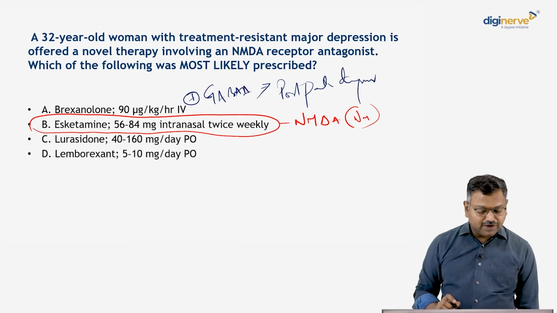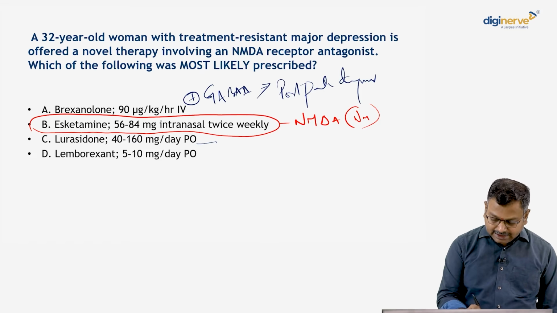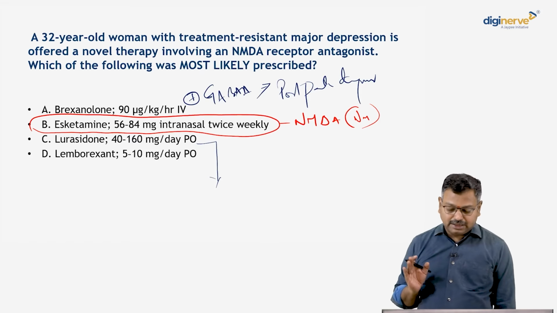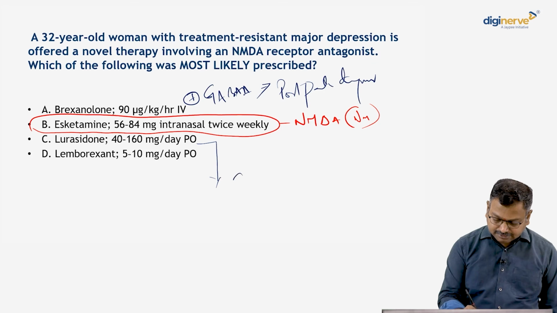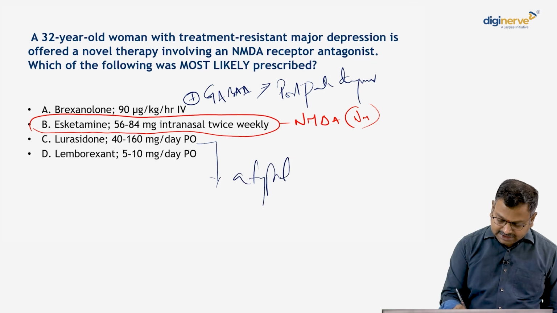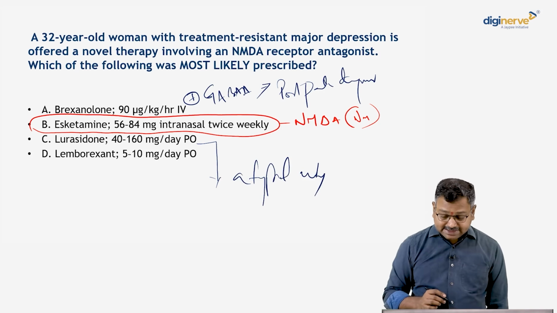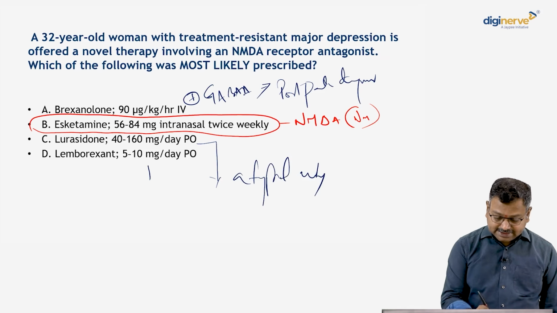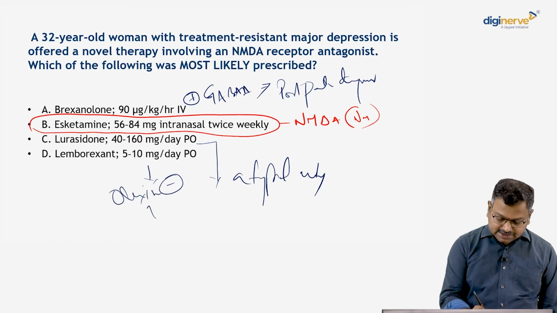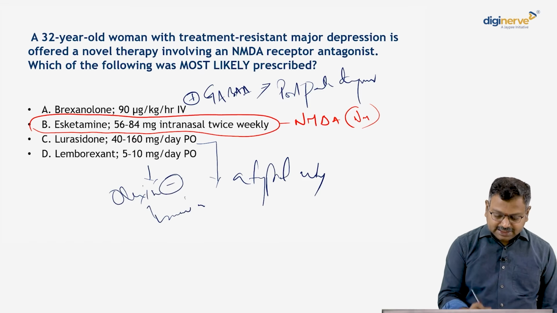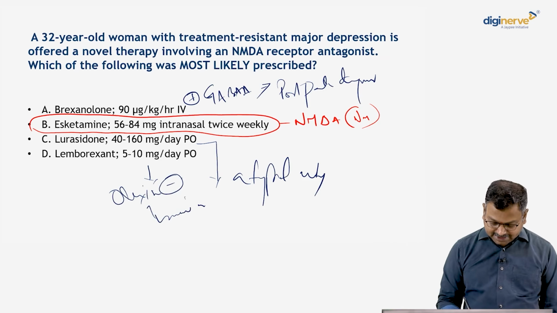Next you have lurasidone, an oral atypical antipsychotic. Again, it can be used for depression, but it is not working through that pathway of NMDA. Lemborexant is an orexin receptor antagonist. It is used for the treatment of insomnia. So the correct answer is S-Ketamine here.